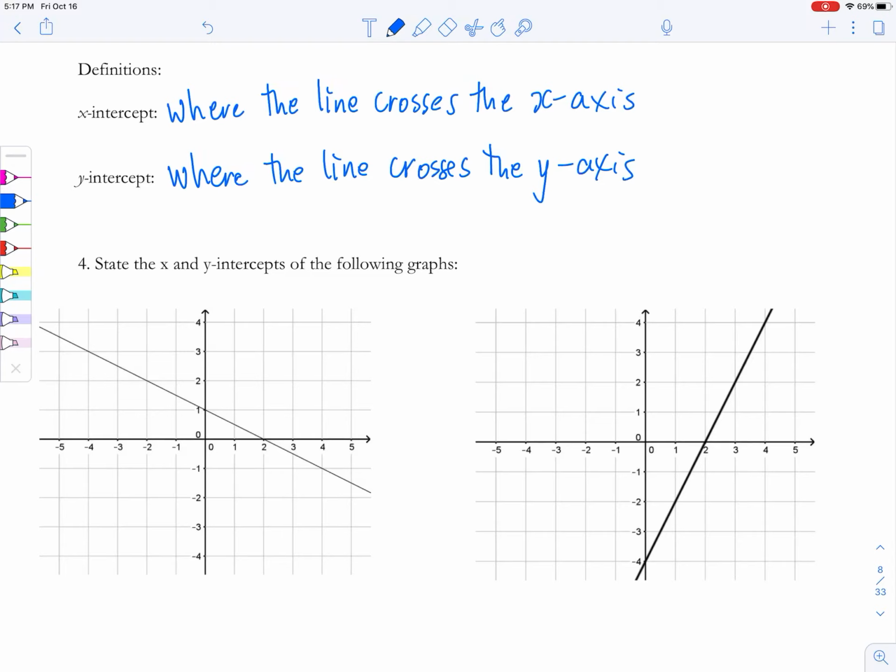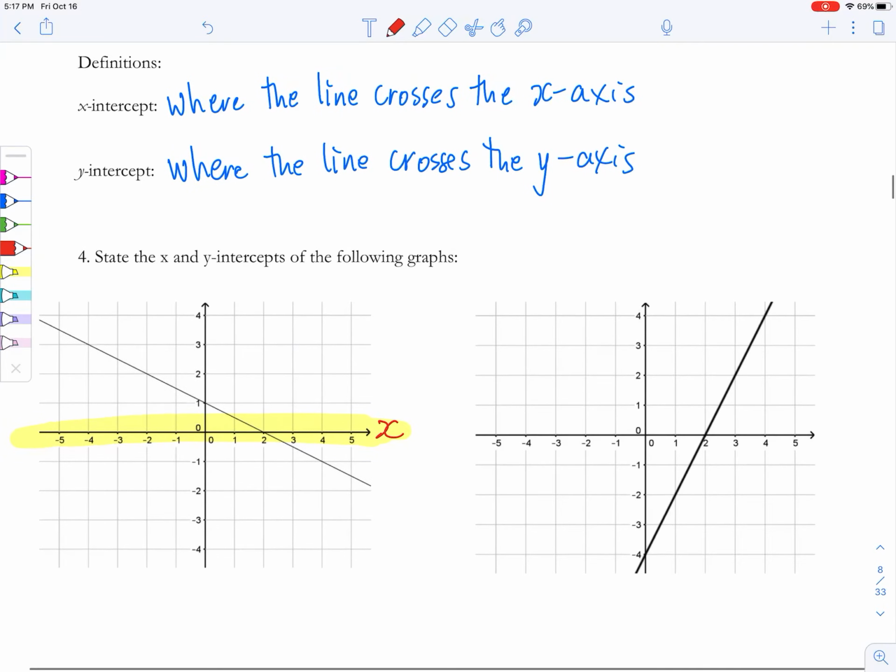If we're looking at any line that crosses the x-axis, so I've just highlighted in yellow an x-axis down here, if we look at what the y value is, if we're on that axis, it means we're not up and down at all. It means that our y value is going to be equal to 0. So when we're dealing with an x-intercept, the y-coordinate is always going to be 0.